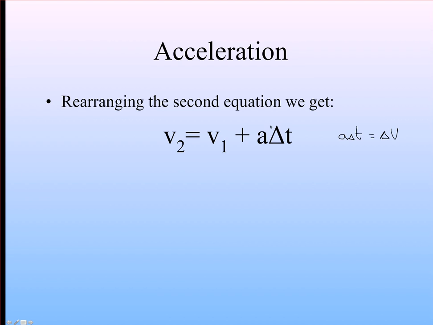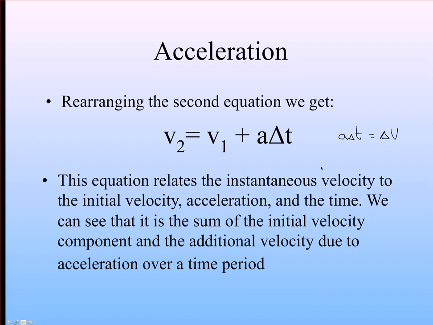So your final speed is just how fast you were going plus how much your speed changed. And so this equation relates your velocity at any given instant in terms of your starting velocity and the change in velocity. You could also be talking about speeds if those were the values you were given.